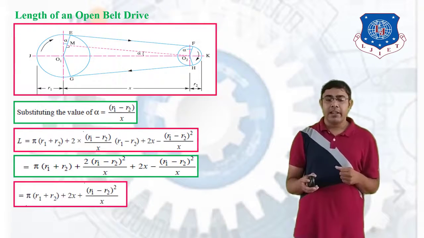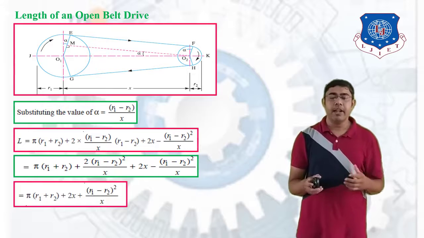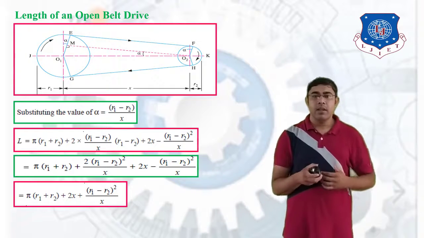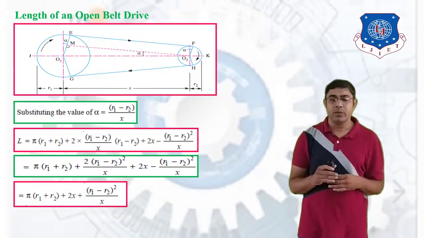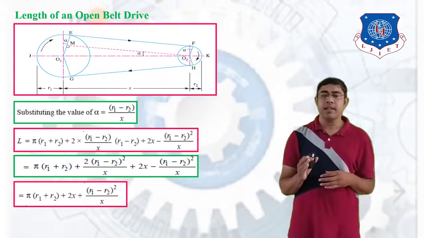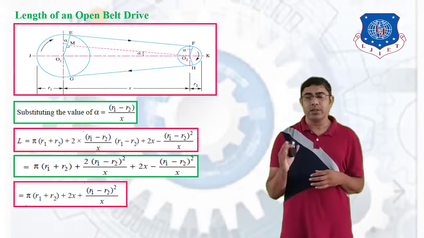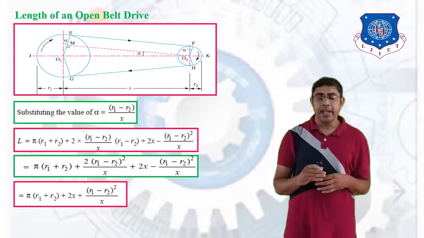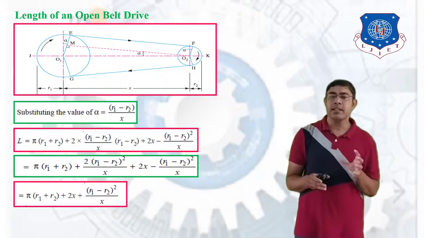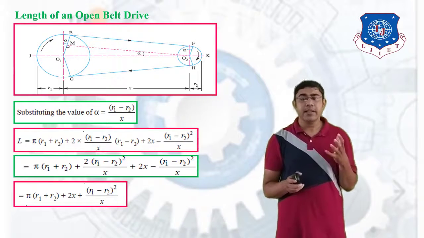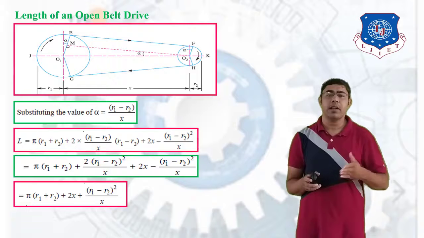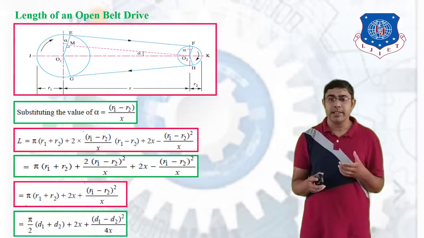this. And if we simplify further, we get the length of belt L is equal to pi into (R1 plus R2) plus 2x plus (R1 minus R2) raised to square divided by x. So this is the length of belt for the open belt drive system, and this equation is in terms of radius of pulleys.